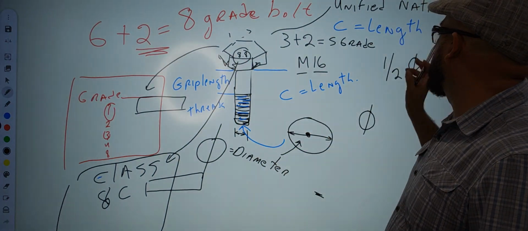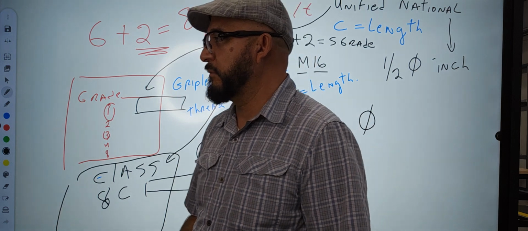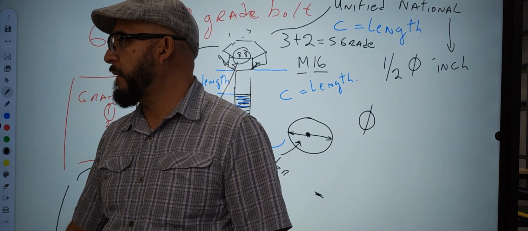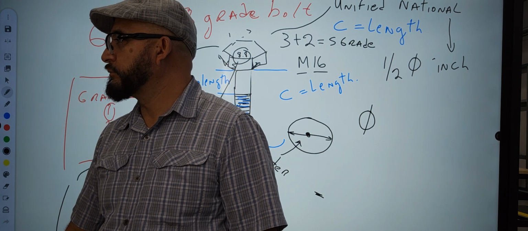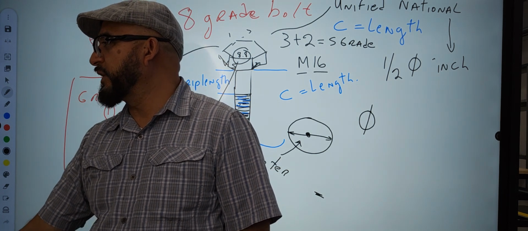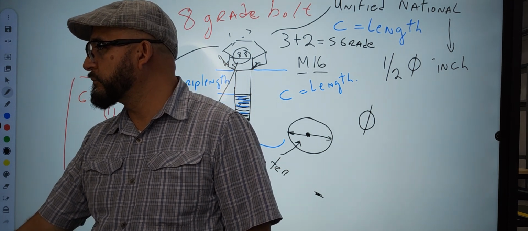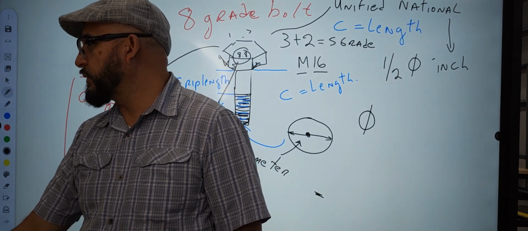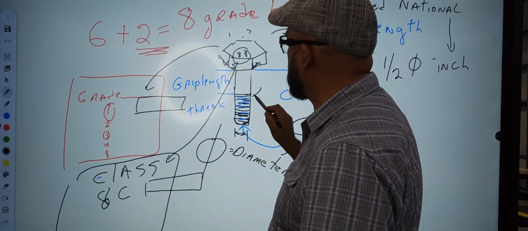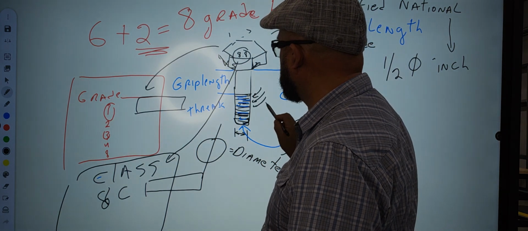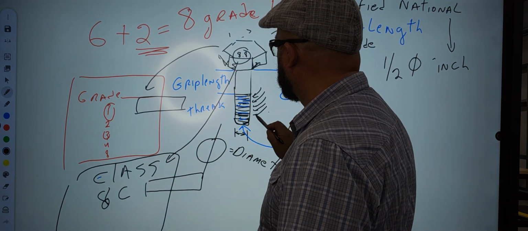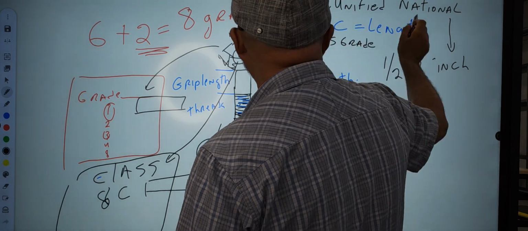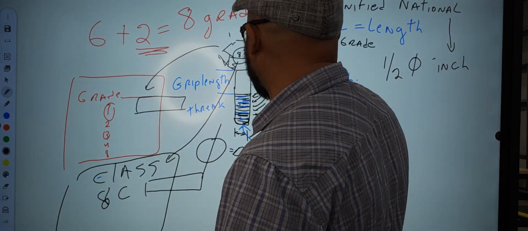Unified National, so UN, or American National sometimes. And that refers to the thread as well. The thread, you know, how many of these little lines do you have there? Unified National Inch. So this bolt could be a unified national type of bolt, which is measured in inches.